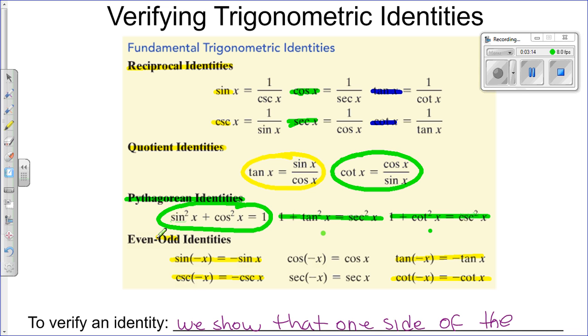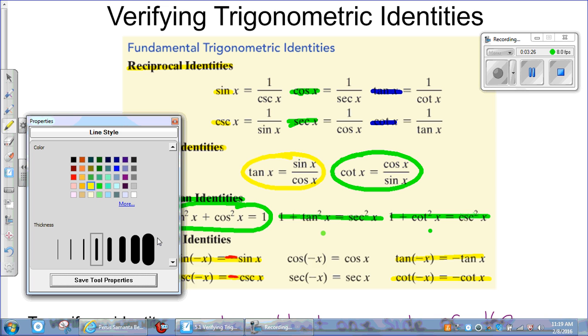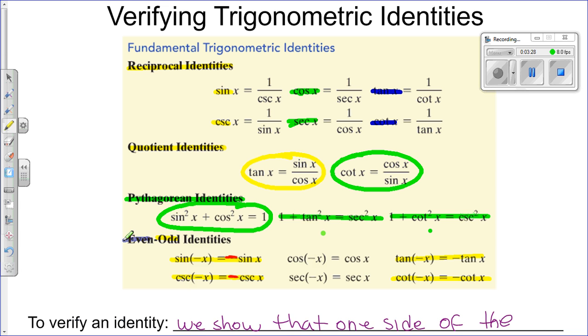When we say the opposite, we mean this negative here. Yes? Okay. Now, we also have our even identities, and so those will be cosine and also secant, because those two are reciprocals of each other. So now I'm going to move the slide so you can copy the definition.